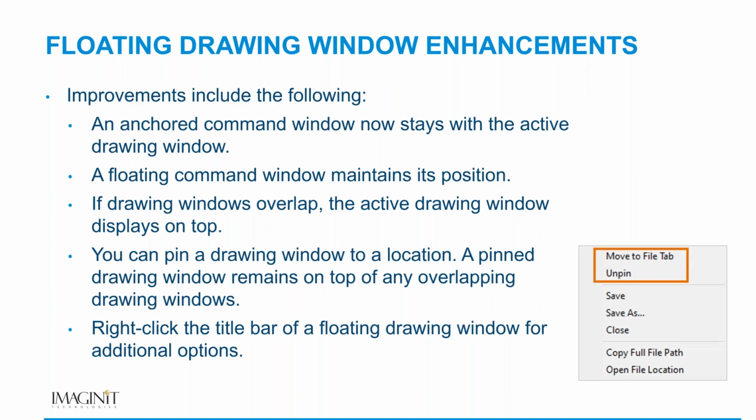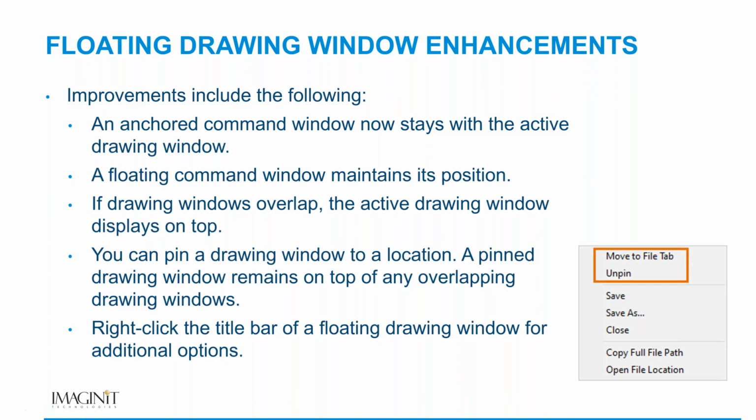A floating command window maintains its position wherever it is. If drawing windows overlap, the active drawing window always displays on top. You can pin a drawing window to a location. A pinned drawing window remains on top of any overlapping drawing windows. And now you can right mouse click the title bar of a floating drawing window for additional options, which is move to the file tab or unpin.